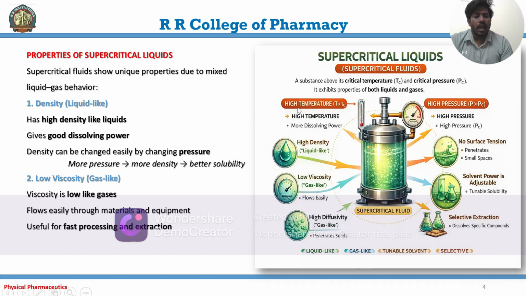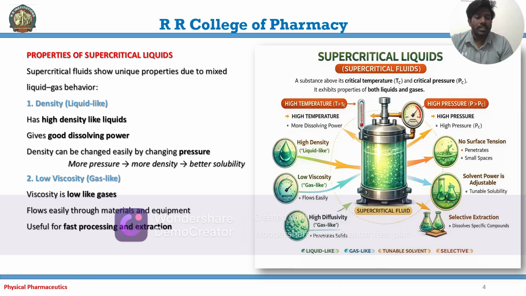When you increase the temperature more than the critical temperature, this fluid has more dissolving power and high density, because these liquids always try to maintain an equilibrium with the liquids, and they try to become a droplet.